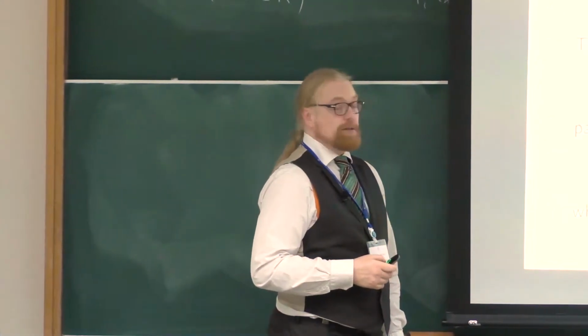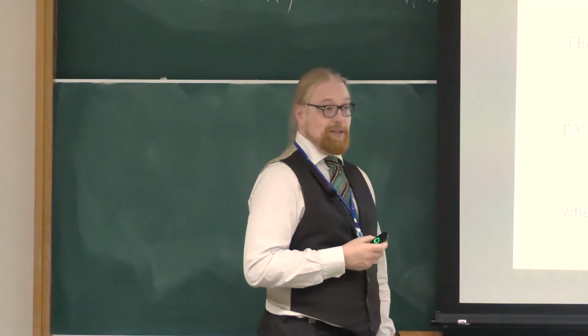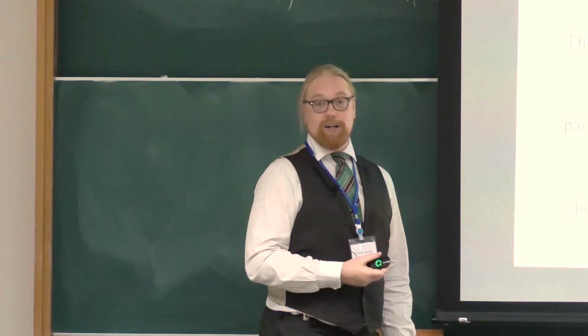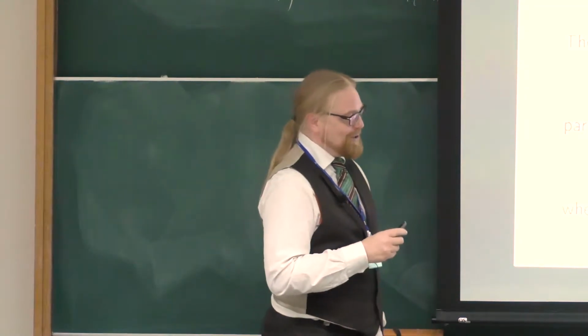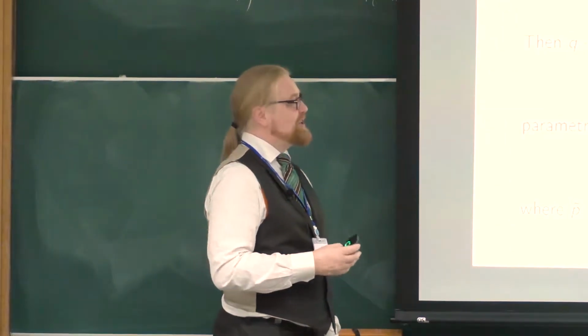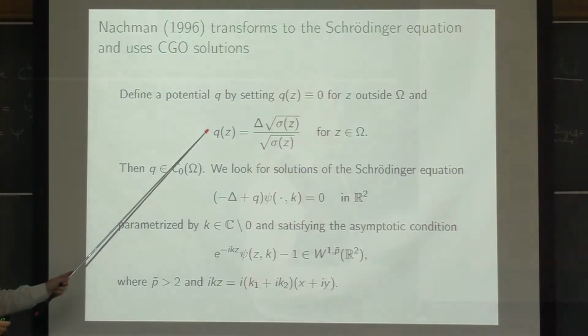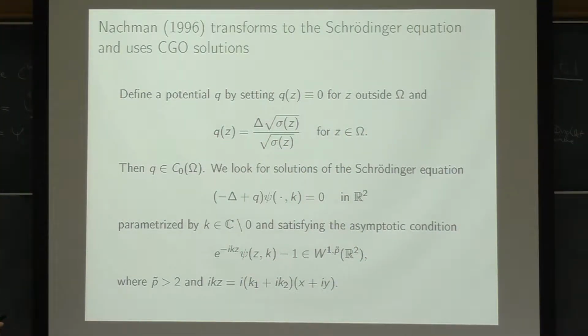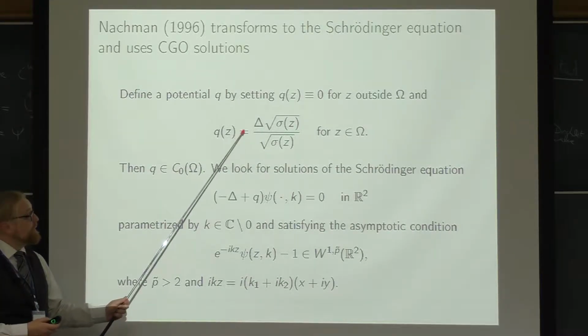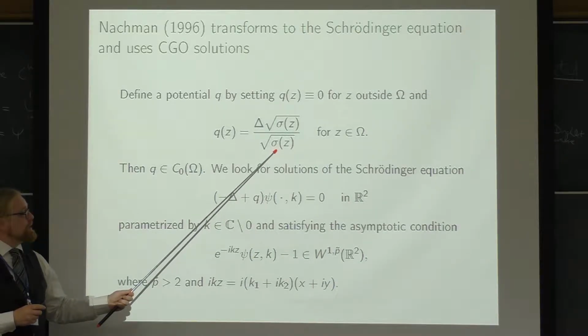So here the idea is, kind of mathematician-like, to go from the conductivity equation to the Schrödinger equation. Physically it may be a bit strange, but mathematically let's not care about the strangeness, let's just change equations. We can define such a function q in the plane with this formula using our assumptions on sigma.